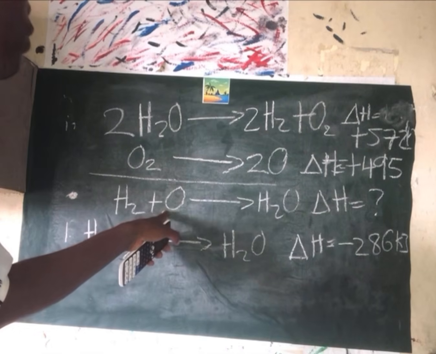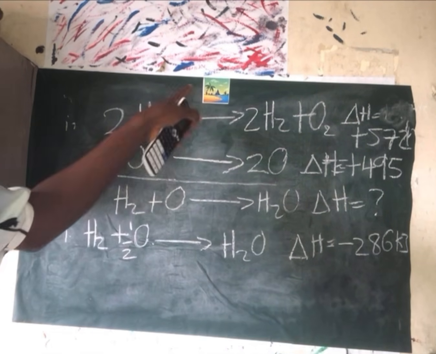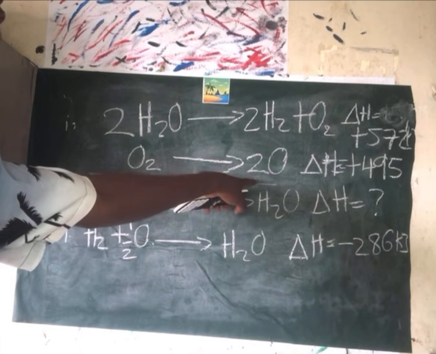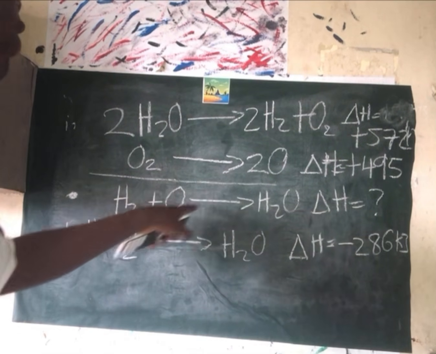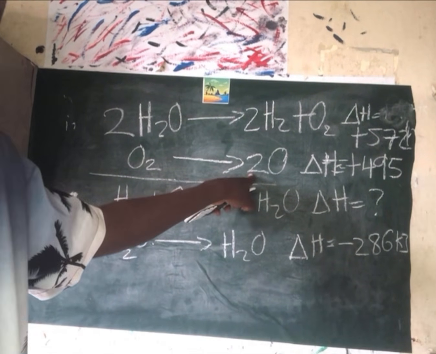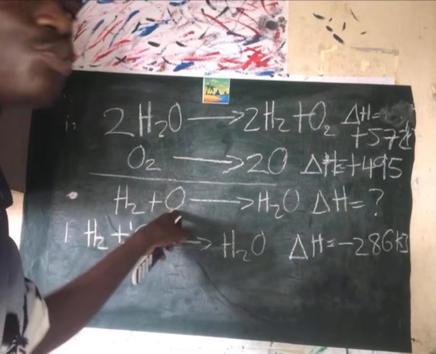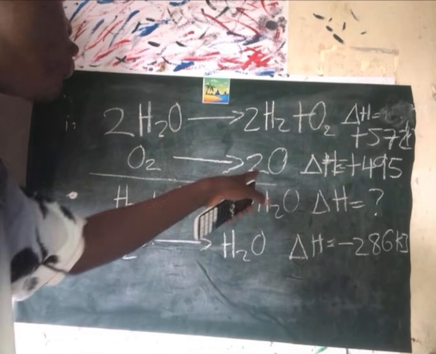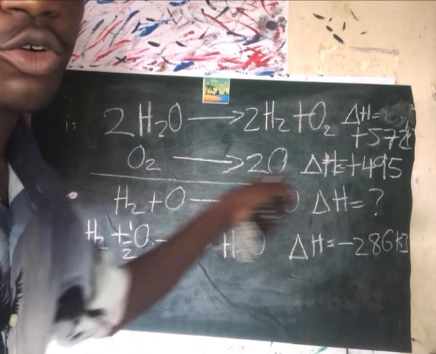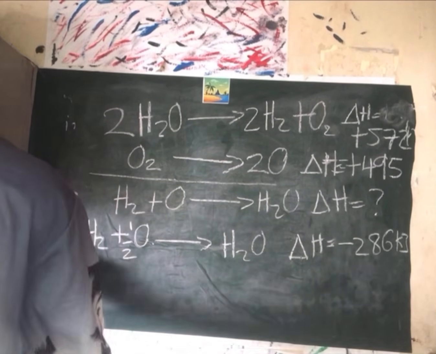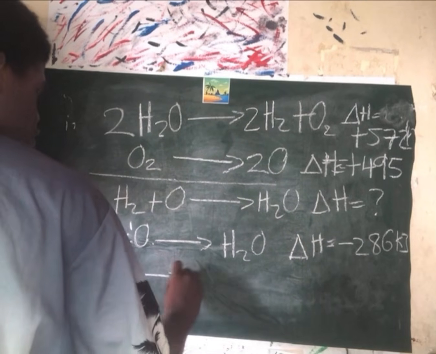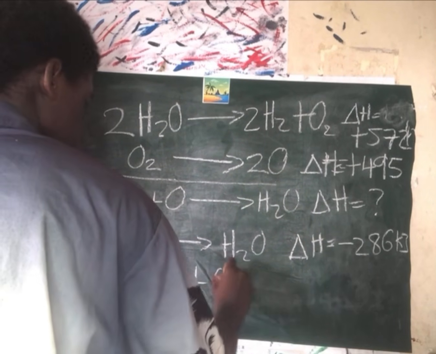If you also look at this equation, let's consider equation 2. O is here, but O is in the product side, and we need it to be in the reactant side. So we also reverse the equation. And this one is 2O, not O, so we have to divide all through by 2. When we reverse equation 2, we get O giving half O2.